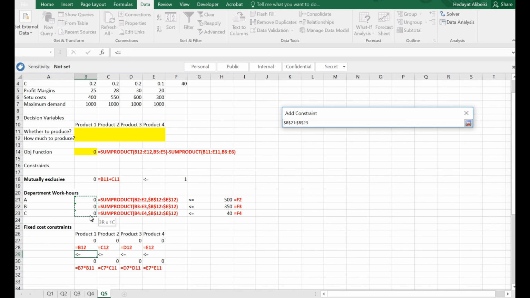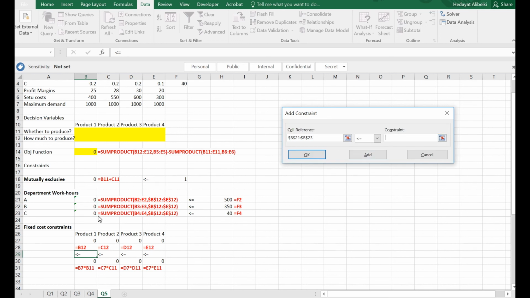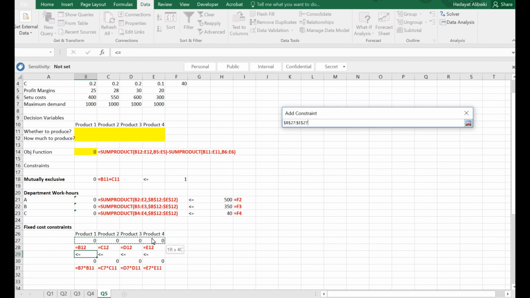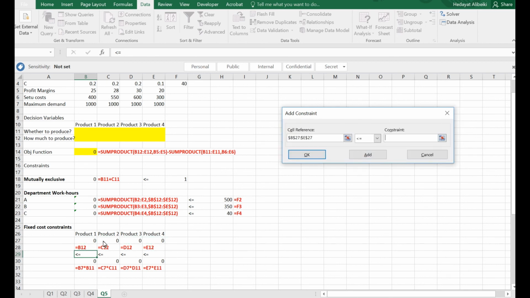Then we have department working hour constraints. So we want the total hours needed to be less than or equal to the total hours available for all of the departments. And then we have a fixed cost constraint where we connect these binary decisions with the continuous decisions. So we want these 4 to be less than or equal to these 4, and it's going to take care of them one by one.